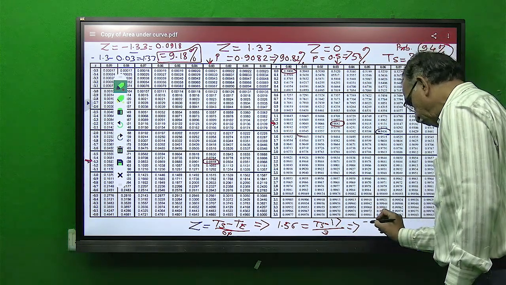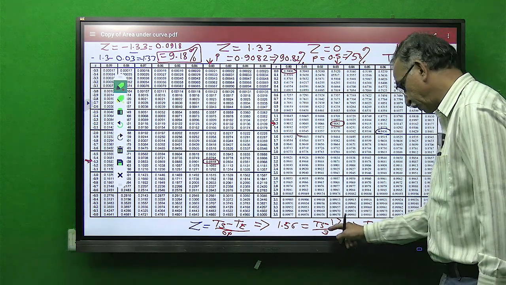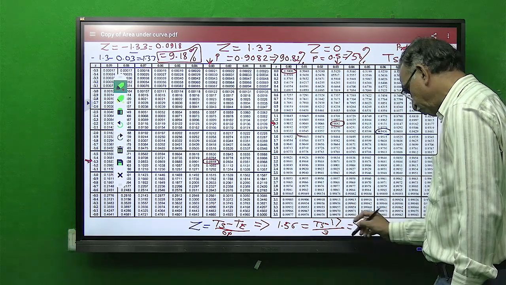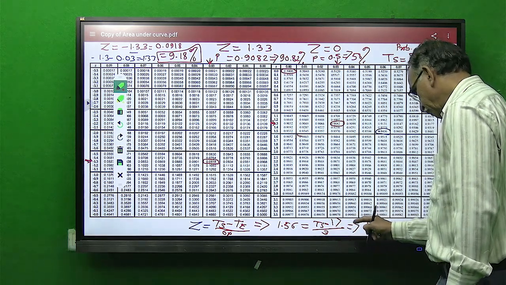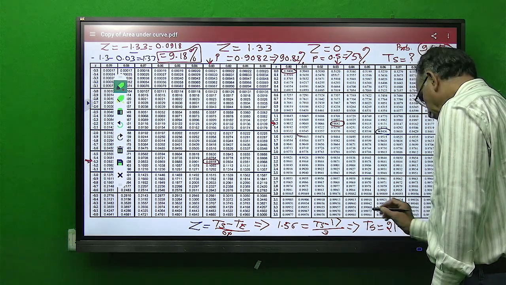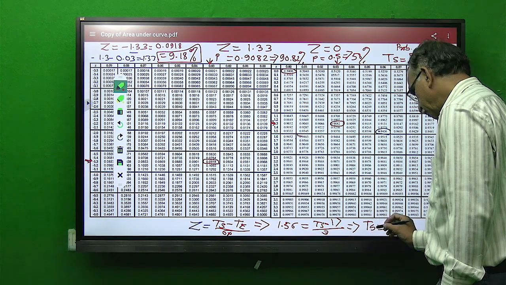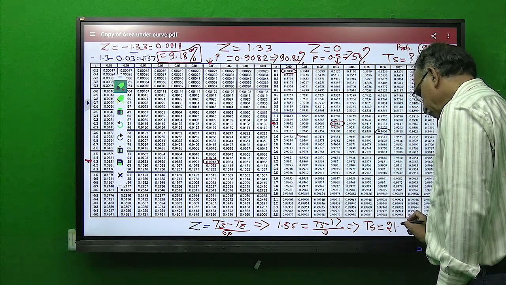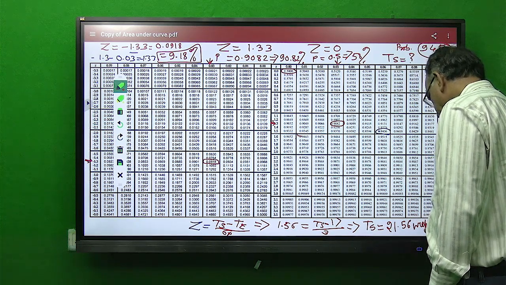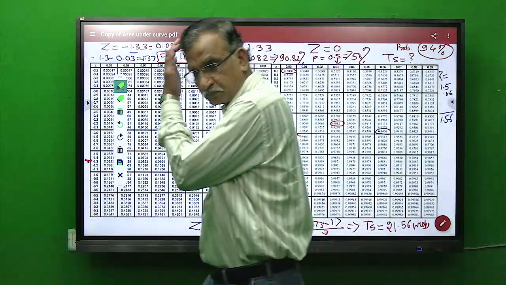So ultimately what we get is the value of TS equal to multiplying this by 3 and adding 17, near about 4.5 plus 17, so 21 point, approximately I am writing 5-6 weeks. If you do it with a calculator, you will get the exact value.